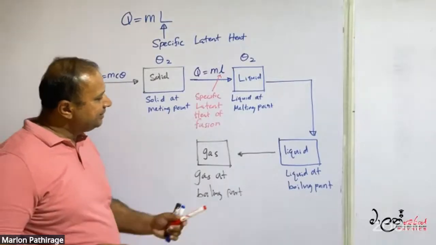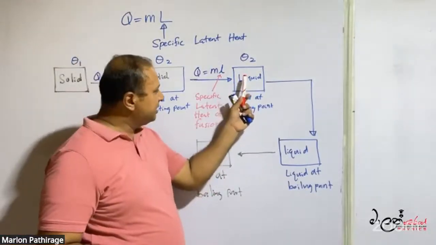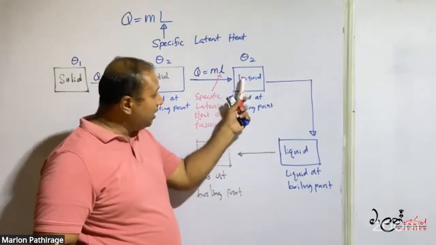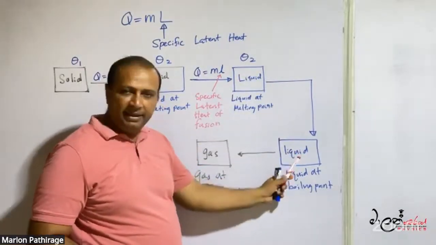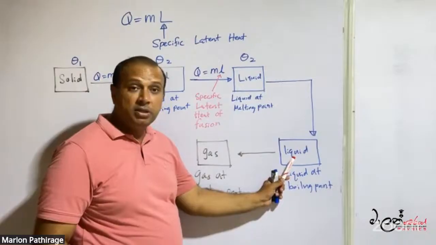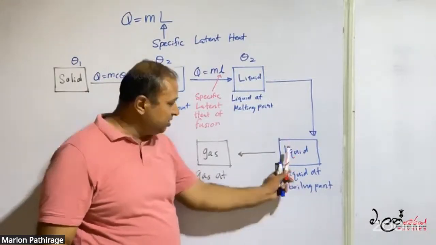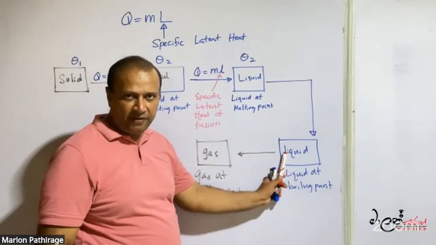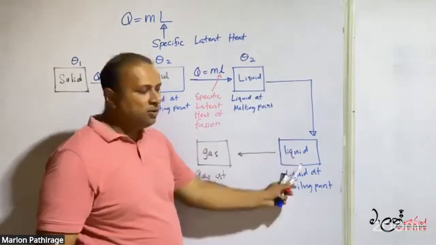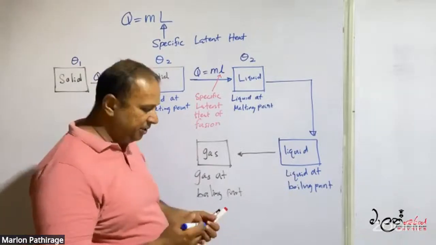Then now it is converted into liquid form. But now that liquid is brought to the boiling point, while the phase is still the same. There's only a temperature difference.